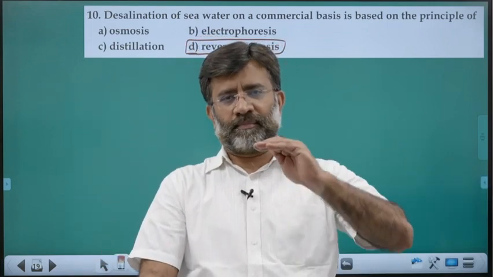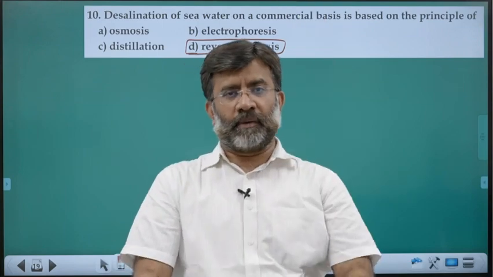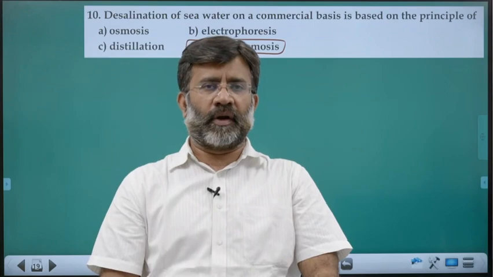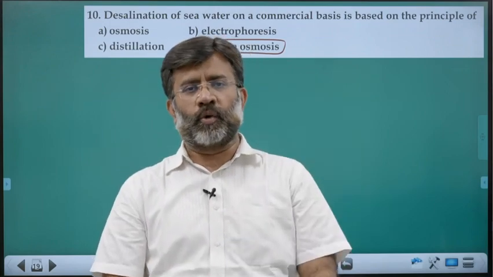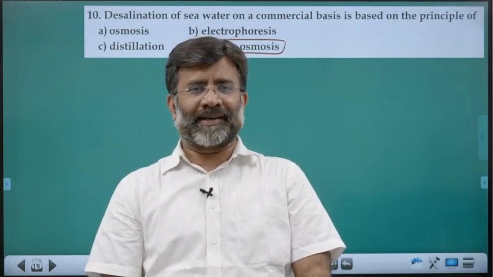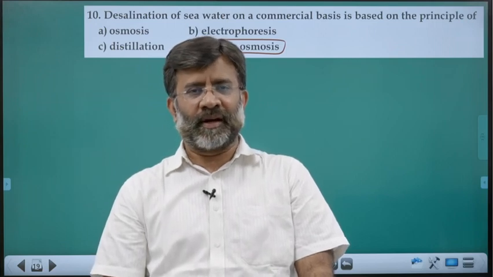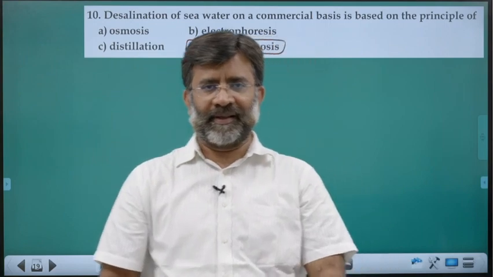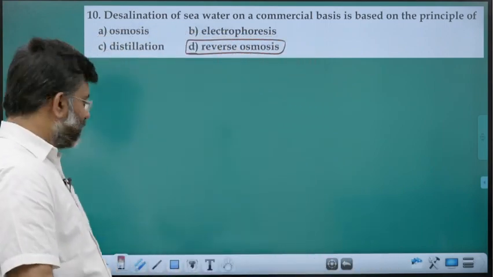By applying a pressure more than osmotic pressure on the solution side, there will be migration of solvent molecules from the solution outward. Please refer to the textbook with the diagrams given, reverse osmosis and desalination principles. Okay, RO systems. Next.